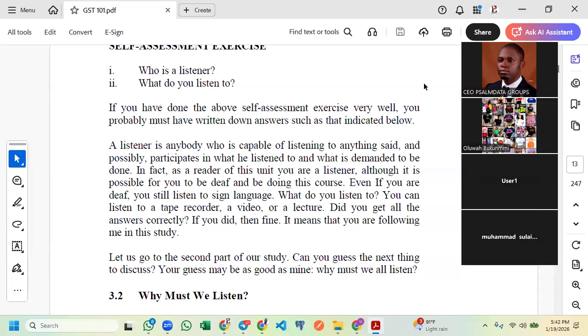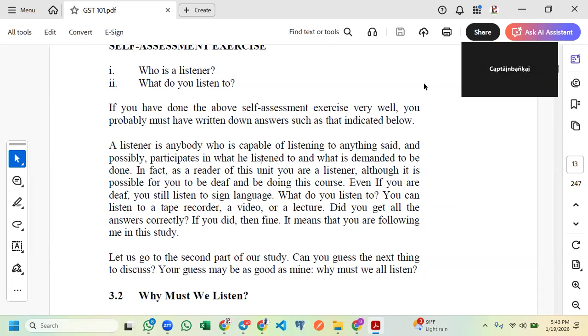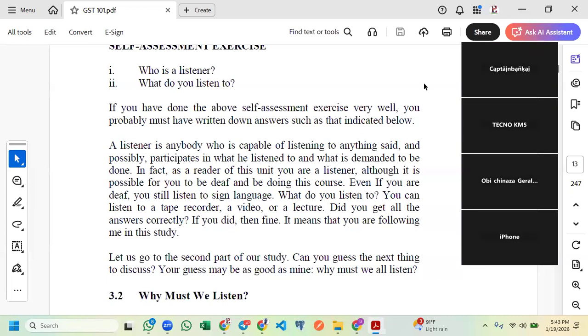Akinwole, is it Sukurat or something? Is that person still there? That person has run away. Obichi Naza. What does it mean that a listener must have the capacity to listen? Unmute yourself and speak.